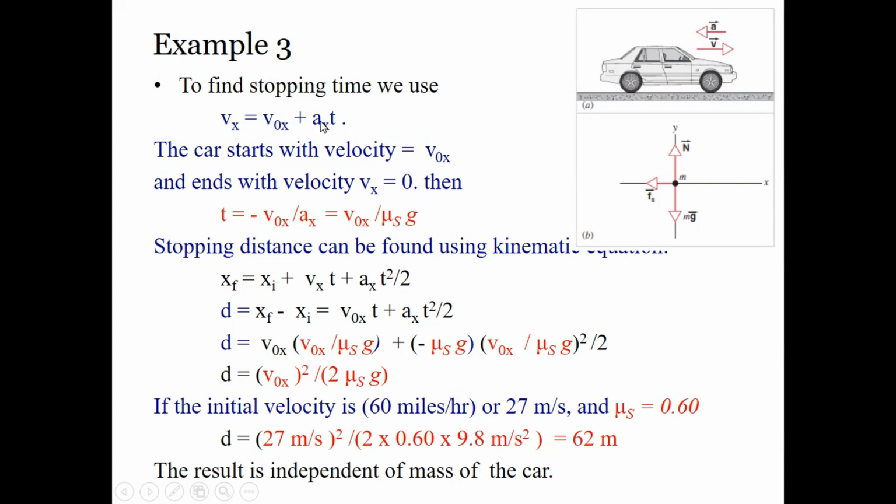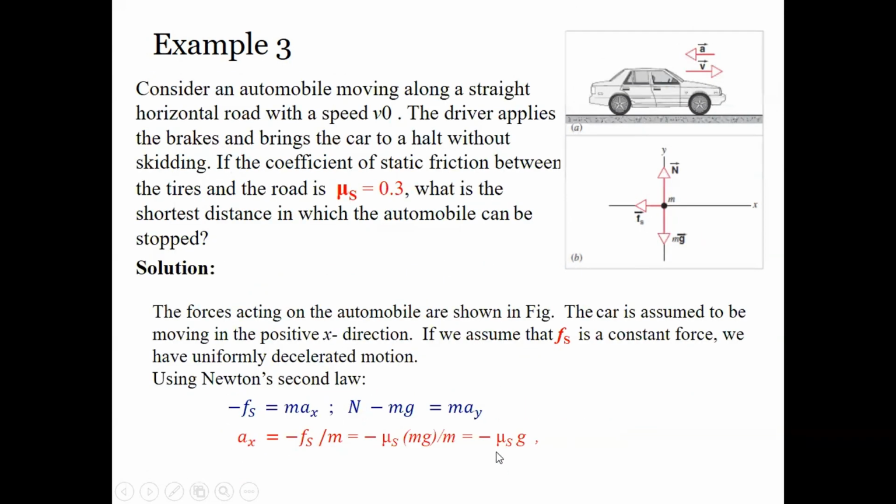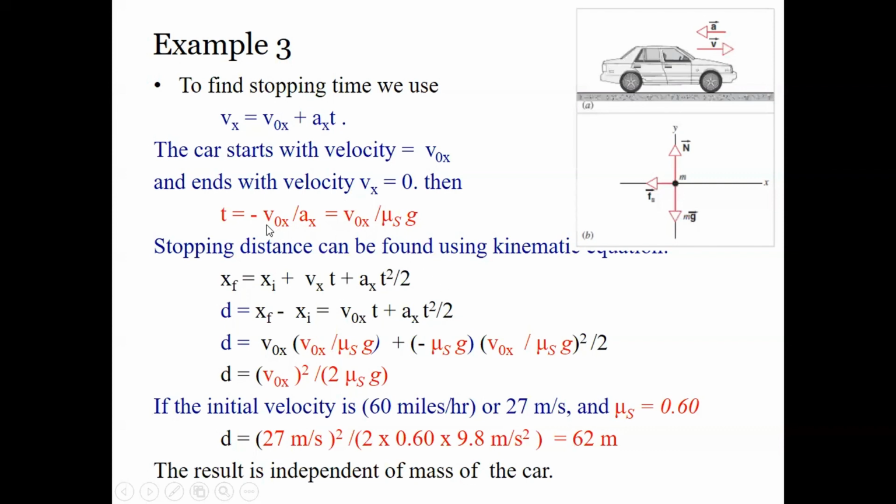Therefore, t is equal to minus V naught, the initial velocity, divided by a x. And a x we have already seen is minus mu s times g, with mu s the static coefficient. So the time has been estimated.